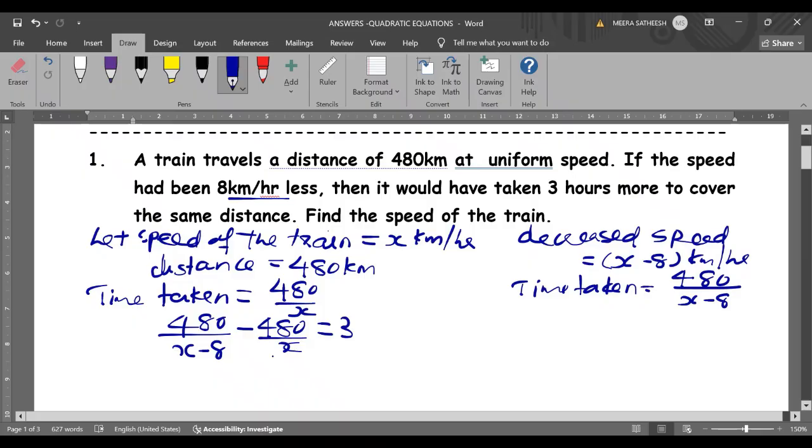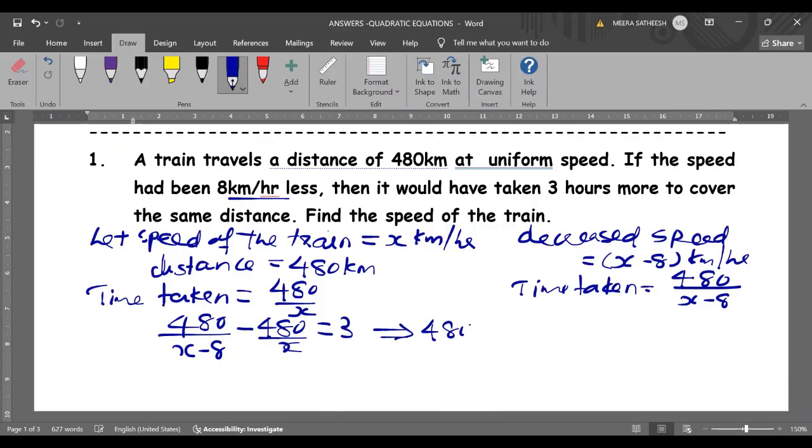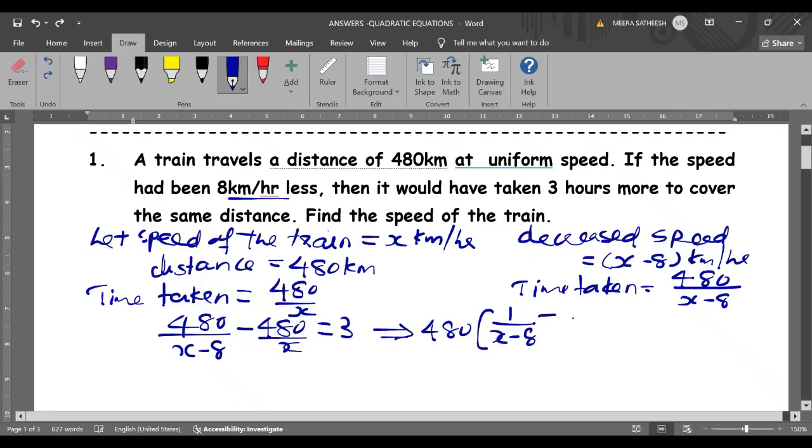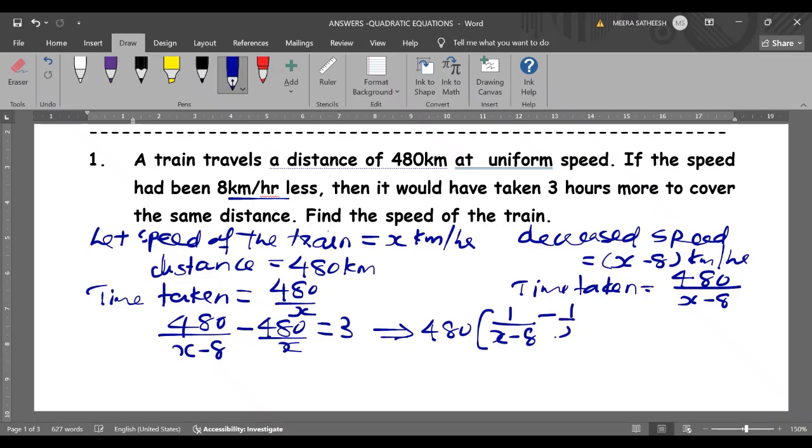Now we have to make this into a quadratic equation. So here the LCM is x into x minus 8. So you can cross multiply, or what you can do is 480 is common in both. So if you take 480 common, 480 times 1 by x minus 8 minus 1 by x is equal to 3.